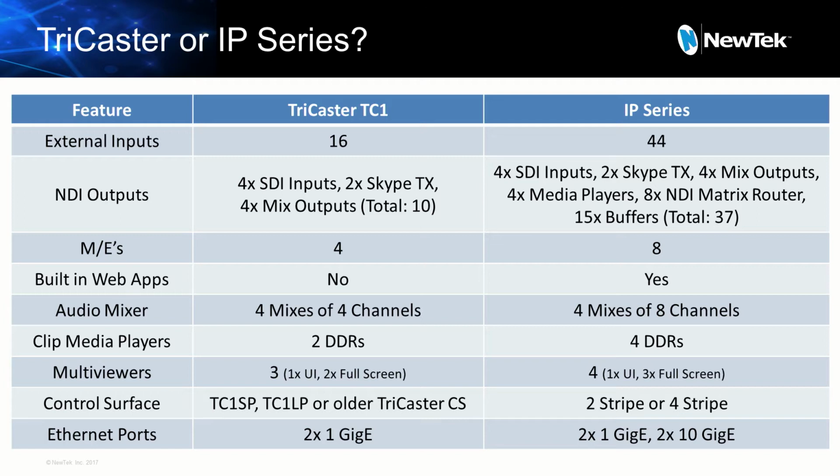And an IP Series system with those 10 gig ports actually has 11 times more Ethernet bandwidth than what you'll find on a TC1. In fact, even if you just use one 10 gig port on an IP Series system, and let's say you use both of the TC1 Ethernet ports, you're still at 5 times more network bandwidth. So it's a lot more.